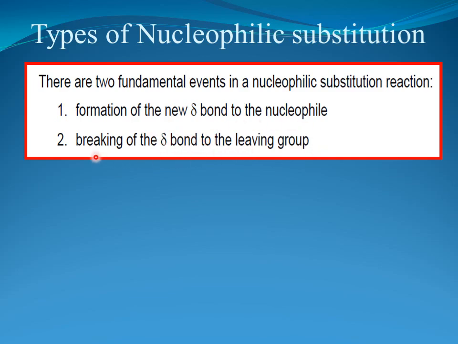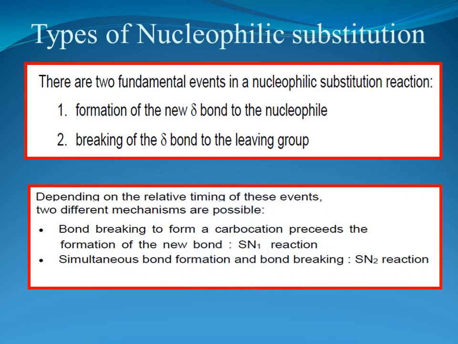Now students, depending upon the relative timings of these two events, two different mechanisms are possible. First, bond breaking to form a carbocation precedes the formation of a new bond. Such reactions will be called SN1 reactions, or nucleophilic substitution unimolecular.